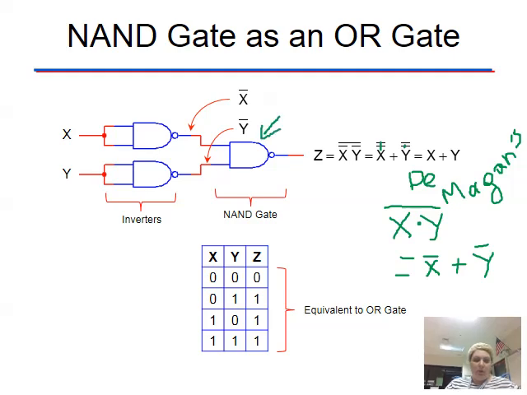So this is your AND gate, and then you do the NOT. This is the same as an AND gate and we do the NOT. This is literally what I have over here: NOT AND, NOT AND, right here.